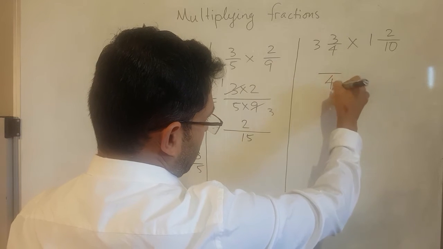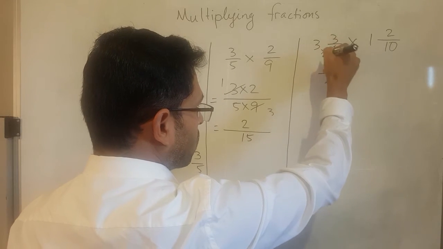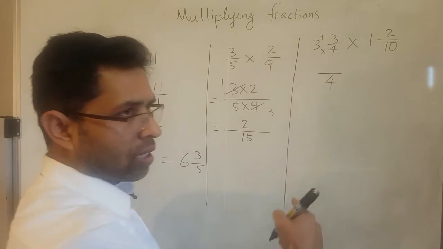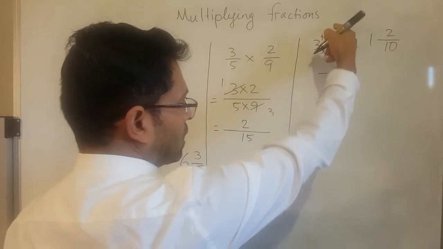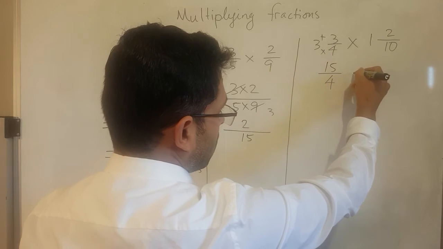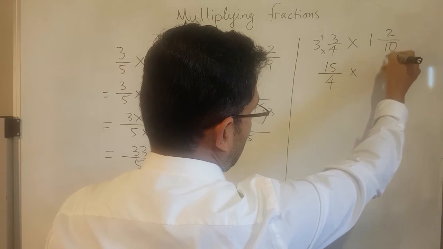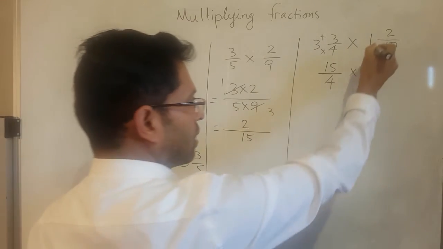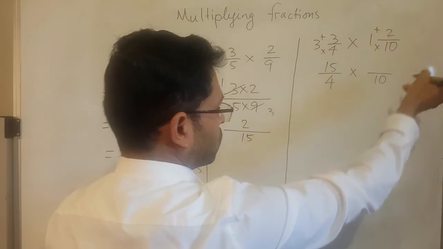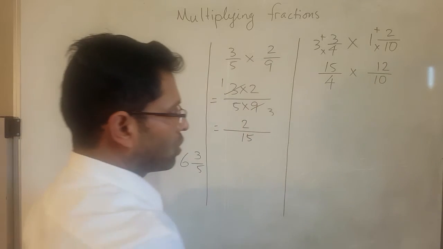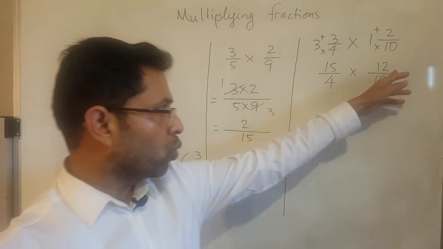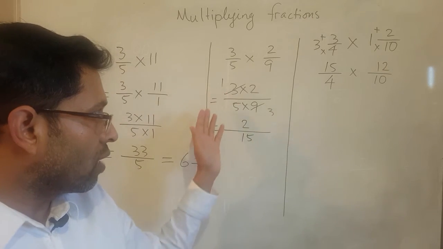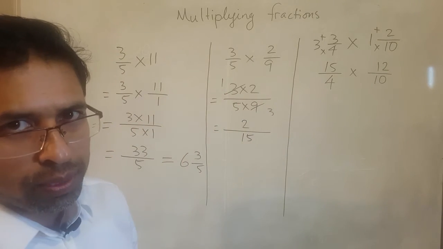The denominator is 4, and our numerator will be 4 times 3 plus 3. So 4 times 3 is 12, 12 plus 3 is 15. For the second, 10 times 1 is 10, plus 2, which is 12. So it is 15 over 4 and 12 over 10. Then we follow the same procedure that we have done for the other fractional multiplication.